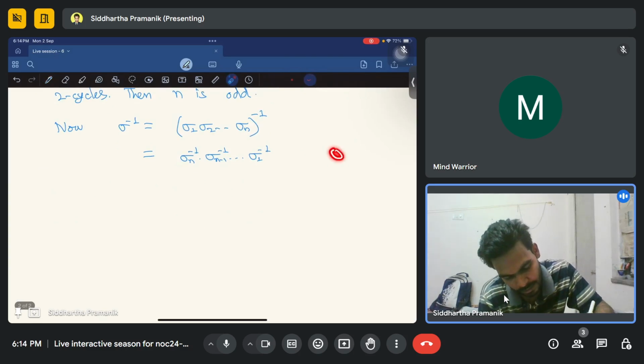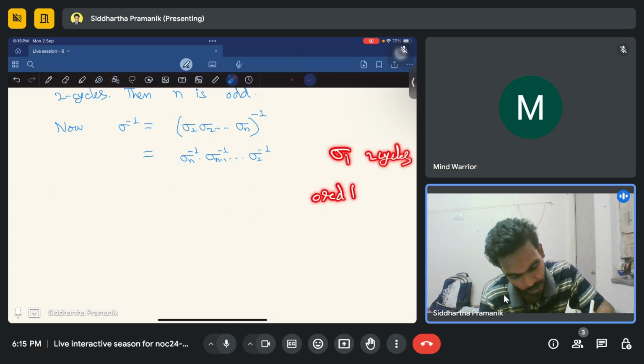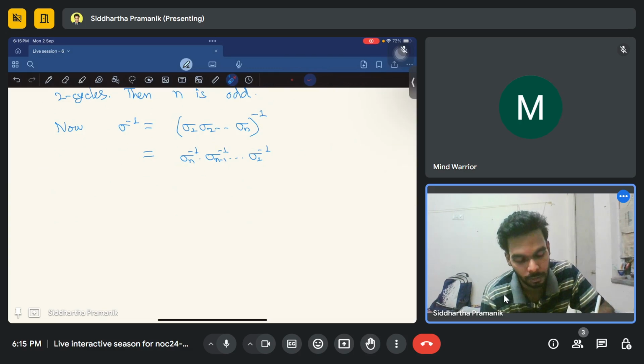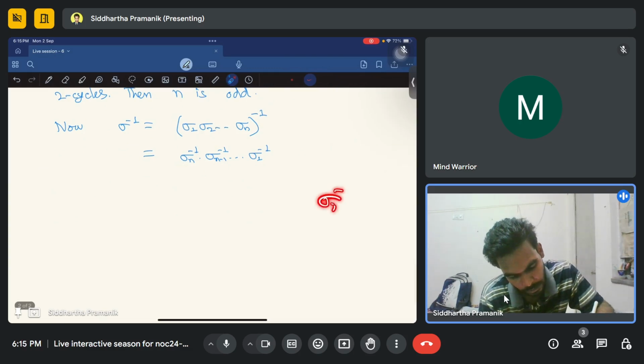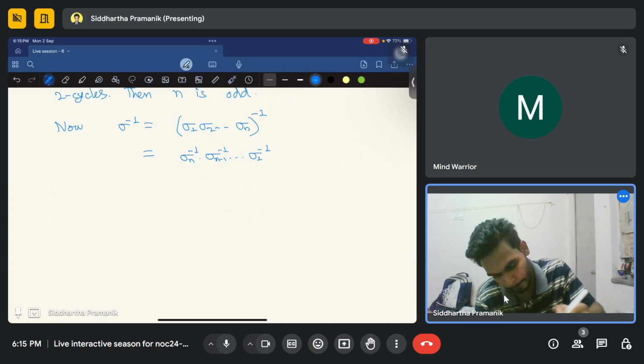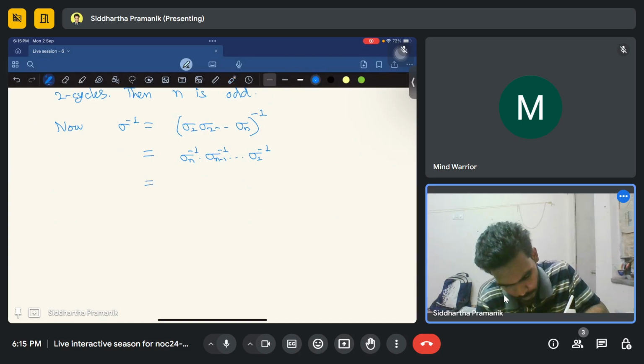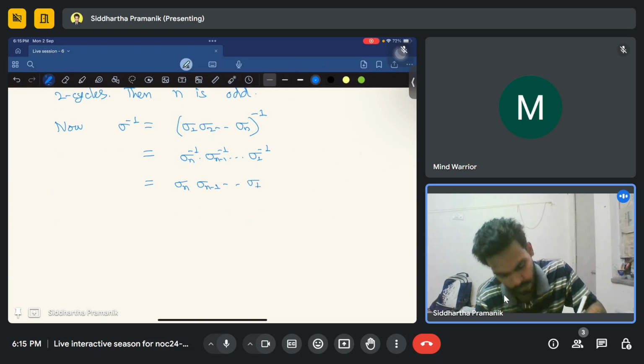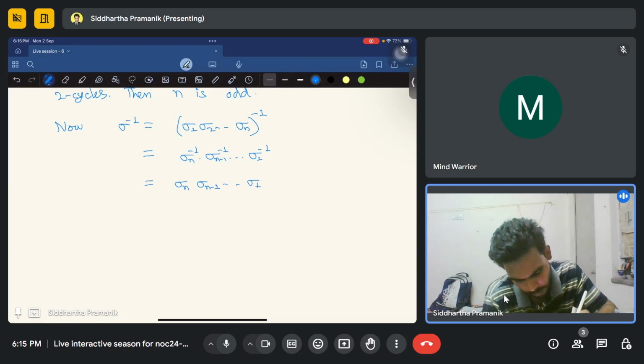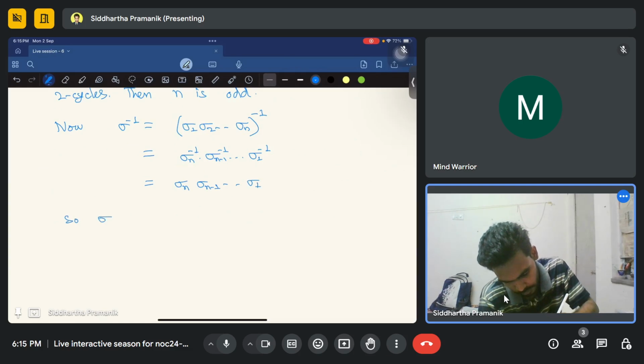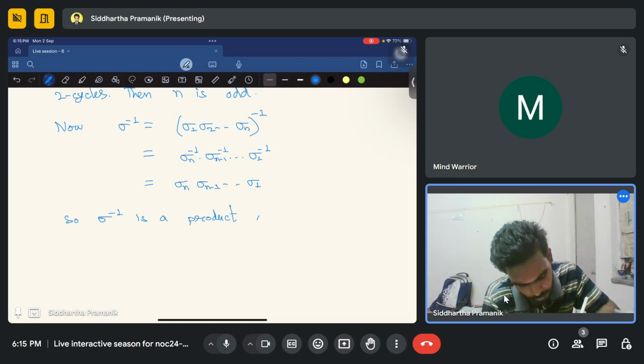But these sigma i are two cycles, meaning the order of sigma i is 2. So sigma i inverse is itself. So it is the same as sigma n, sigma n minus 1, up to sigma 1. So it is also a product of two cycles. So sigma inverse is a product of n two cycles.